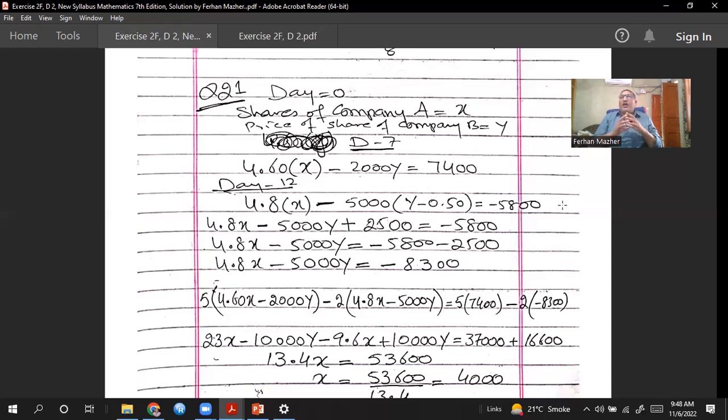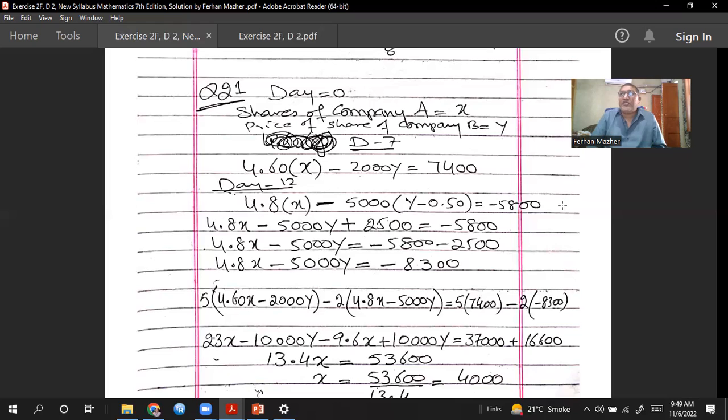Okay. If that is done on day number 12, the price of a share of company A on day 12 is $4.80 per share, and she has X shares, so she sold them.